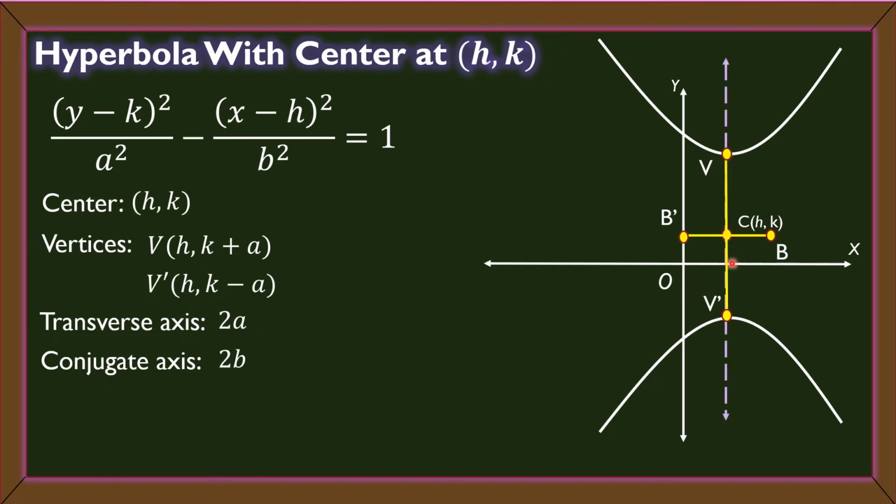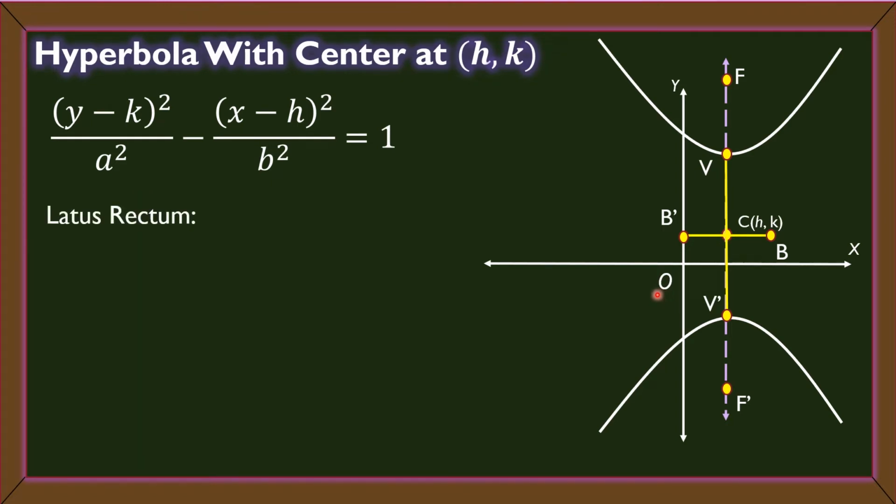Collinear with the vertices and the center are the foci of the hyperbola. Since a focus is c units away from the center, the coordinates of F will be (h, k + c), and F prime will be (h, k − c).